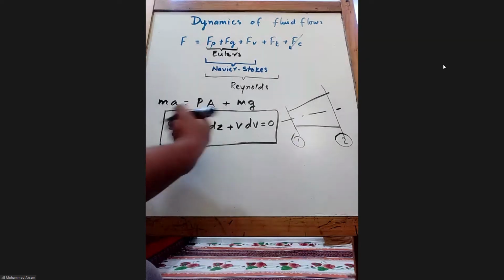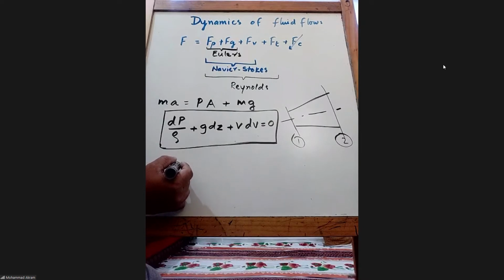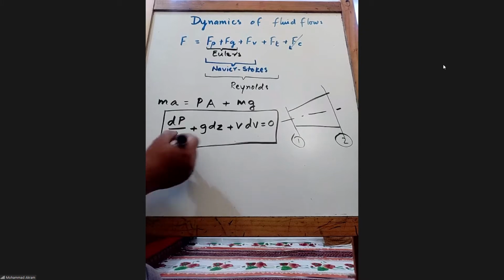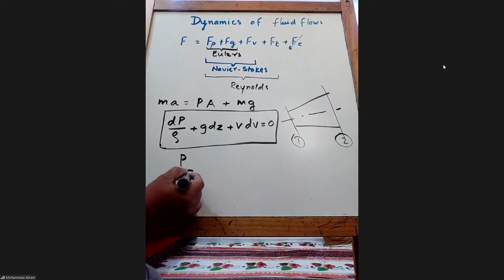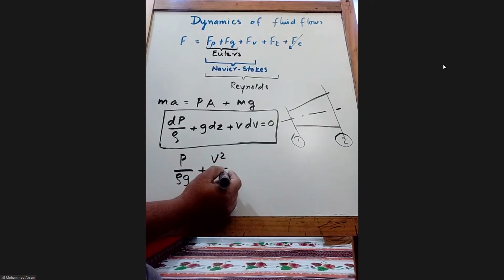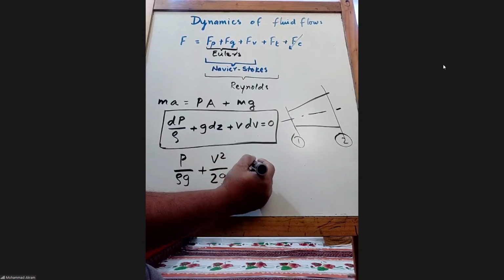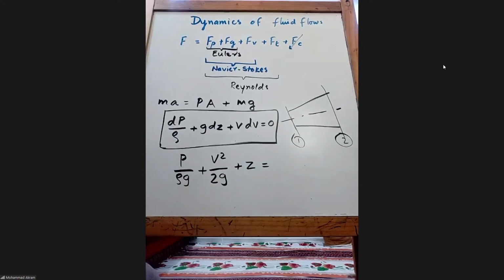If you integrate this, dP becomes P. If I divide by G, P by rho G plus, if I take this first, V square by 2 is the integration of this, divided by G, so V square by 2G, plus Z equals constant.